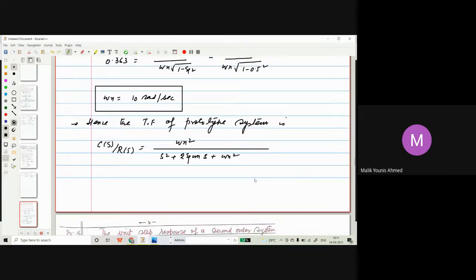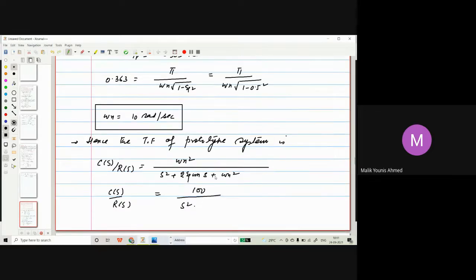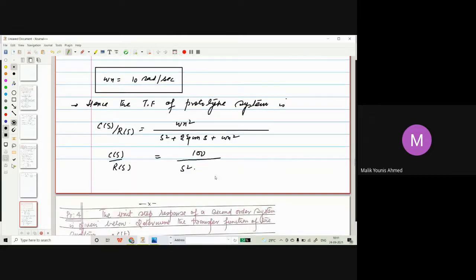So you substitute the various values. Omega n square will be 100, s square, 2 xi omega n is 2 into 0.5 into 10, that will be 10 s, plus 100. So this is the transfer function we require.